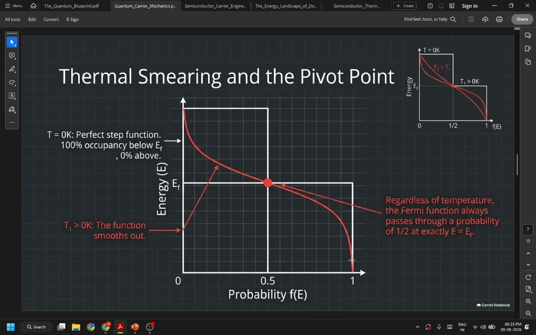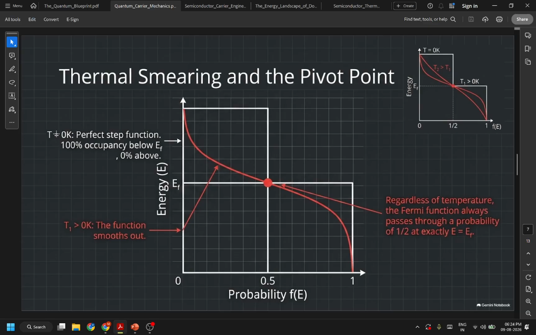So at 0 Kelvin, it was a step function like this. Your probability is 1 till energy EF at 0, and above that your probability is 0. But as you increase temperature, it gradually becomes a smoother function.